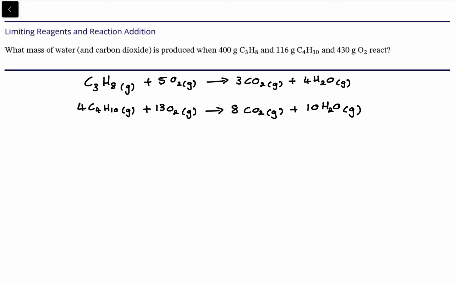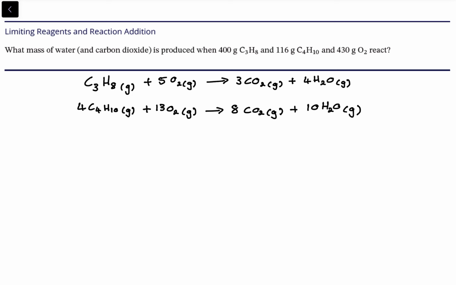So in this example, it says, what mass of water and carbon dioxide is going to form when 400 gram of propane and 116 gram of butane and 430 gram of oxygen react. Now we know what the combustion reactions are for propane and for butane.